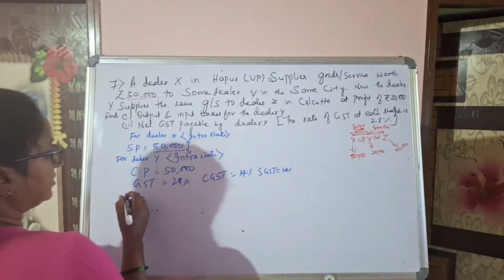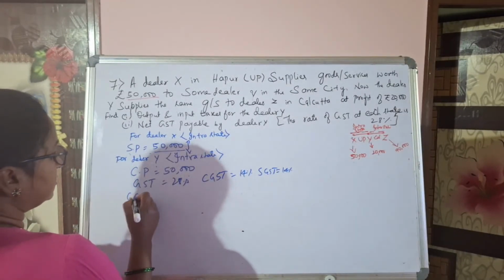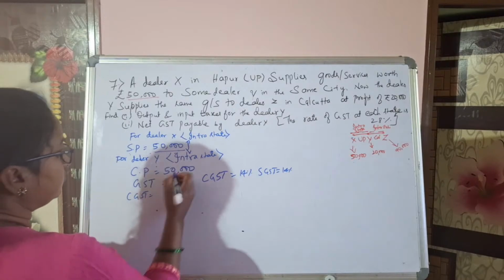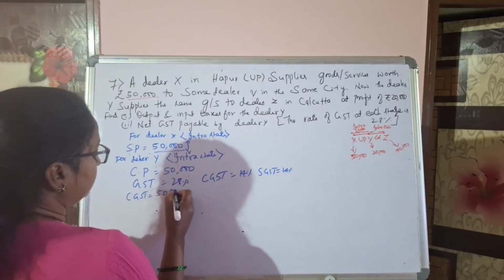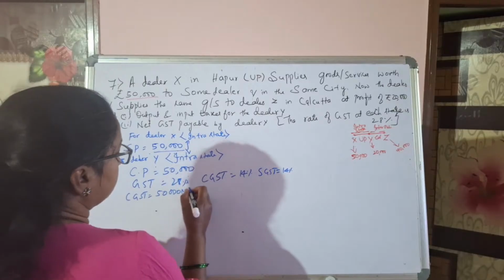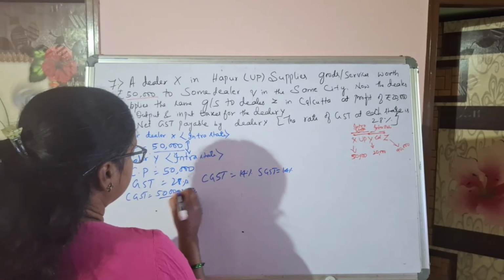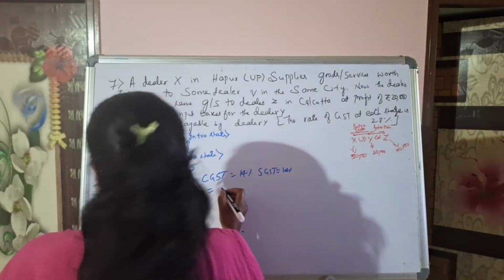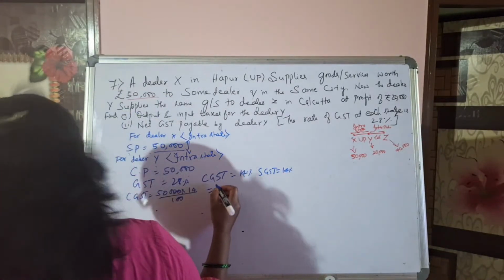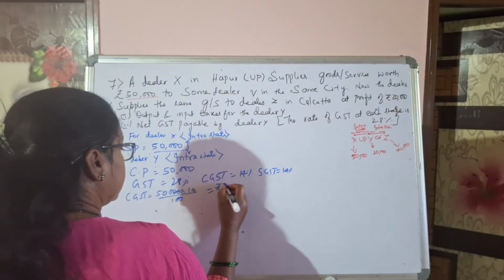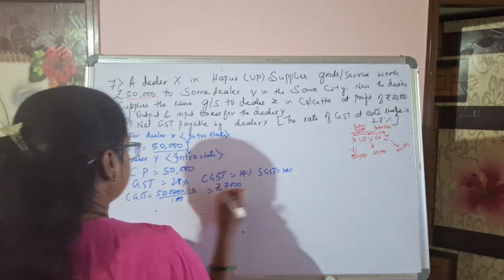Now let us calculate the CGST and SGST amount. CGST is equal to 50,000 of 14% divided by 100, which is equal to rupees 7,000.